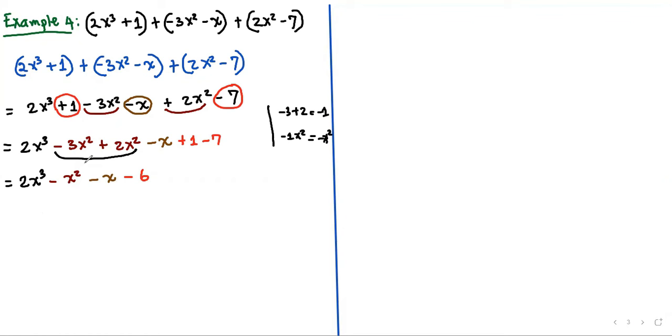So look at this. We are having 2x cubed minus x squared minus x minus 6. So according to these variables that we are having, we cannot go beyond here. So we have got to stop here. So this means that this is our final answer.